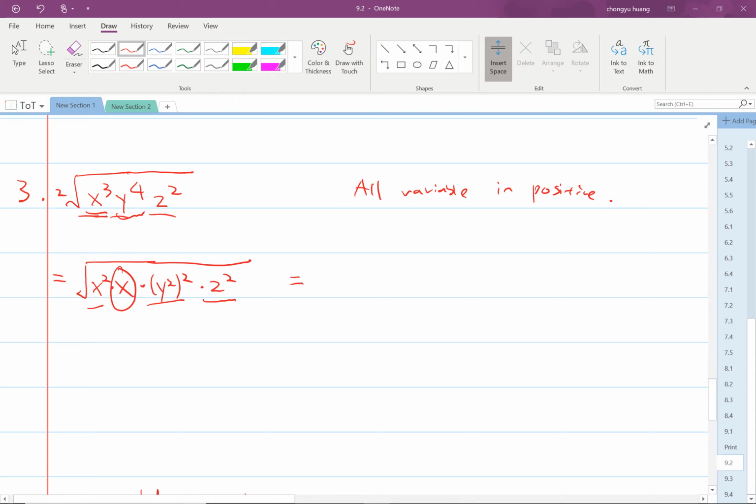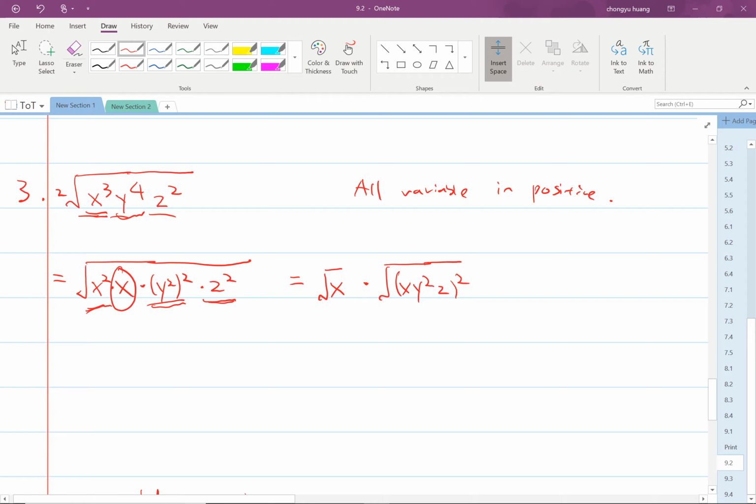We have a single x, so we can actually use one of the properties over here and pull out x. Everything else has the power of 2, so we can combine them together, right? So we have x y squared z to the power 2.